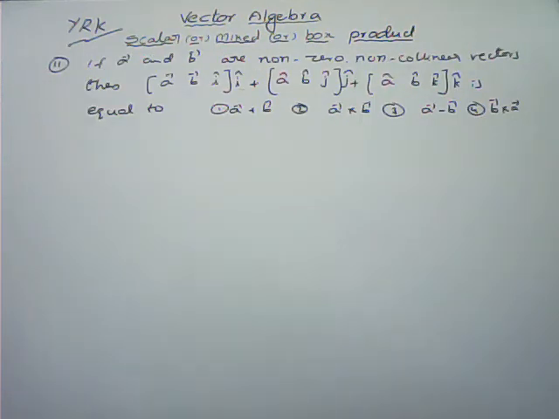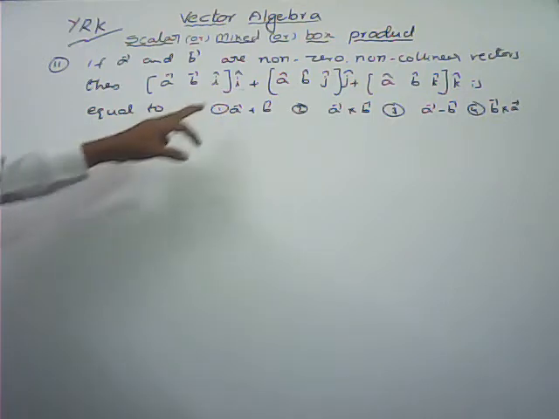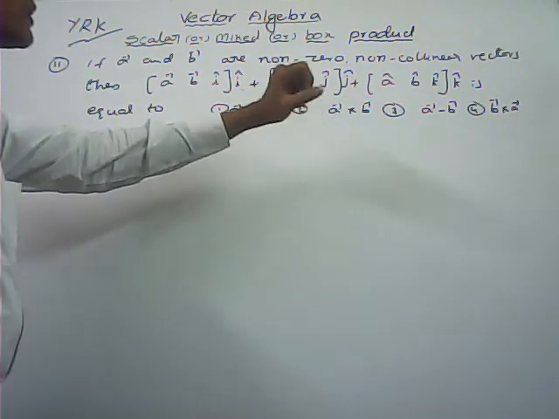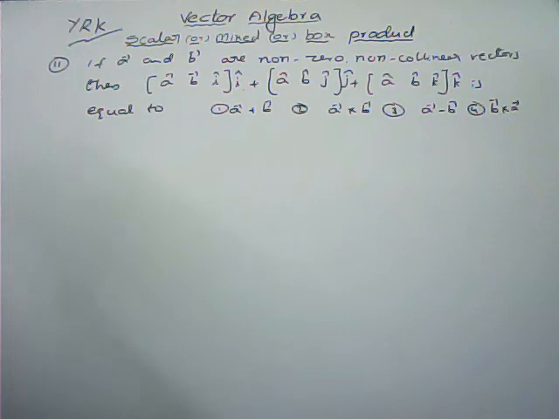Next one. If a bar, b bar are two non-zero, non-collinear vectors, then box ABI into I cap plus box ABJ into j cap plus box ABK into k cap is equal to. Here options are given: a bar plus b bar, a bar minus b bar cross a bar. Otherwise everything I am writing in the same sequence.